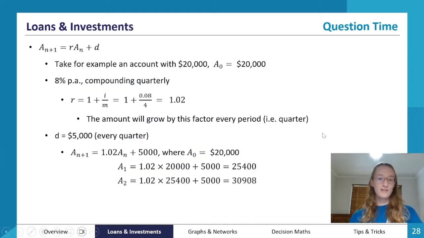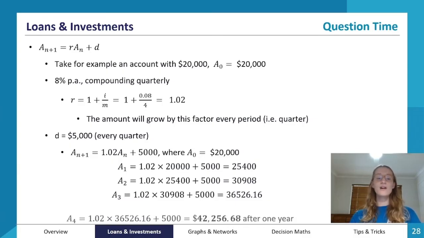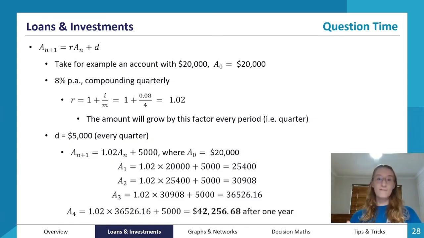And if we apply the formula again to get A2, we'll see that we have $30,908, and then A3, so after a third quarter, and then A4 after a fourth quarter.